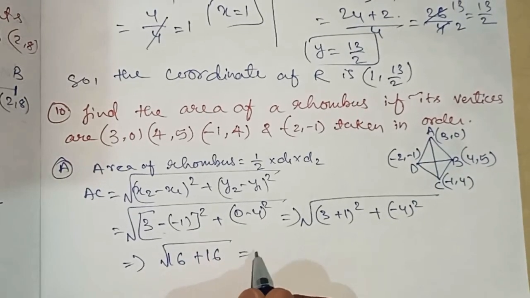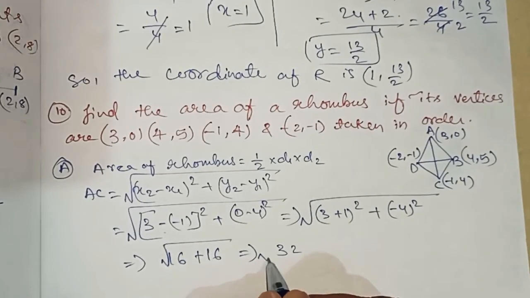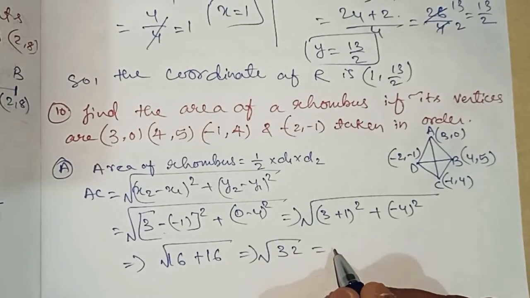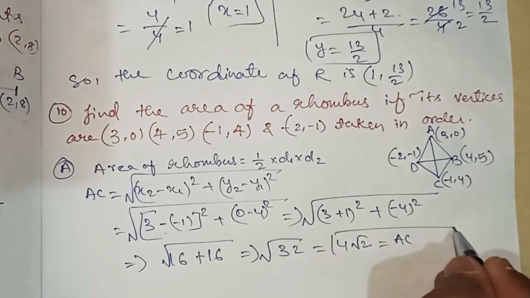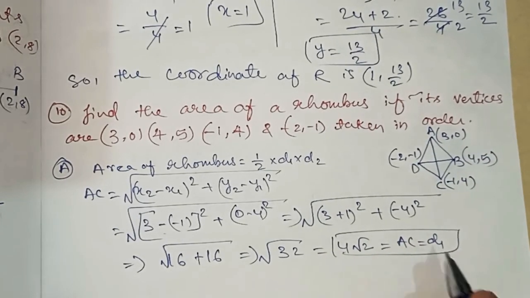So 16 plus 16 we got, that is root 32. Root 32 is 4 root 2. This is the value of AC, or we can say this is d1, the first diagonal.